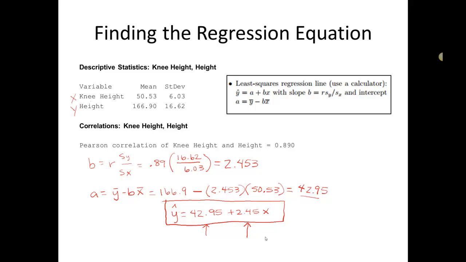So in this case, it's saying that for every 1 centimeter increase in knee height, we expect the overall height to go up by 2.45 centimeters.